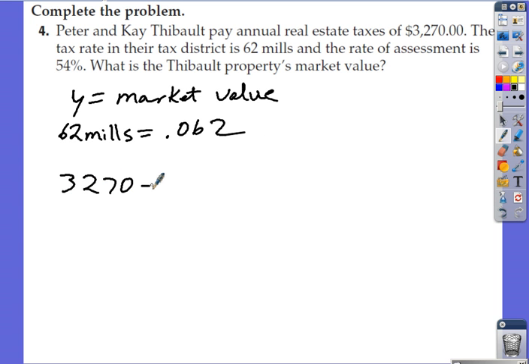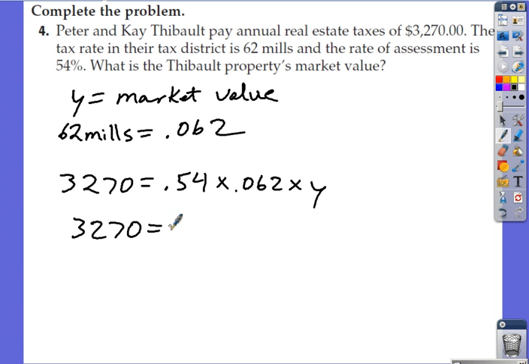All right, now let's go ahead and set it up. $3,270 equals the assessment rate, which is 0.54, times 0.062, times Y. $3,270 equals 0.03348 Y. Divide both sides by 0.03348.